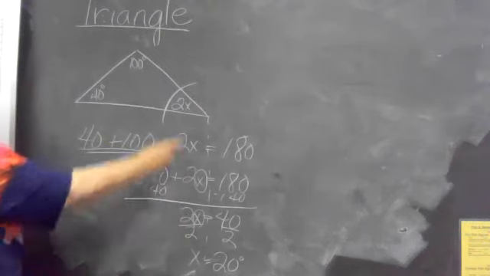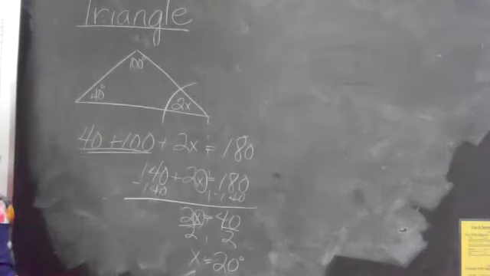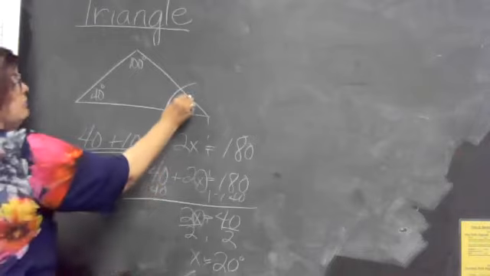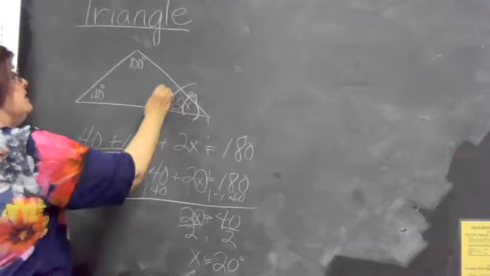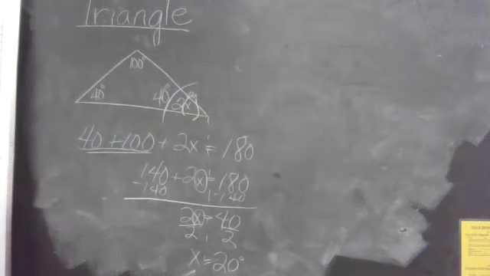What is the measurement of this angle? No, the x is 20, and so this angle is 40. So you need to be careful and read what they want you to find, whether they want you to just stop at x or go ahead and find the measurements. And they do that a lot. So be very, very careful about that.